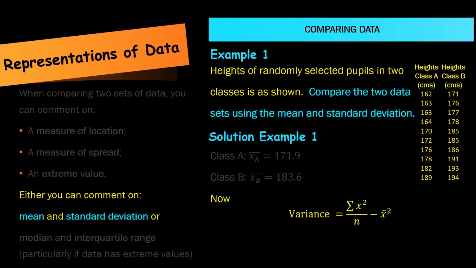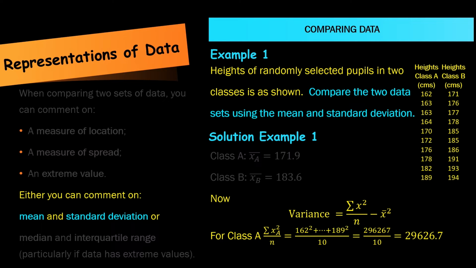And now recall the formula for variance. We're going to use the formula sum x squared over n minus x bar squared. Of course, in this formula we already have x bar for both these sets. We just need to find sum x squared.